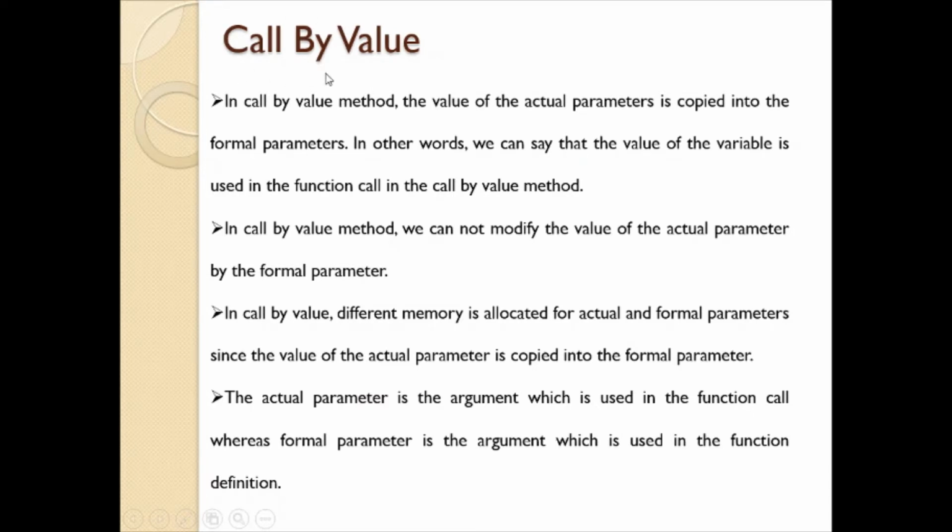This is the first parameter passing technique, that is call by value. In call by value method, the value of the actual parameter is copied into the formal parameters. In other words, the value of the variable is used in the function call.